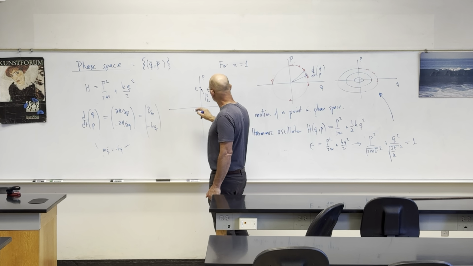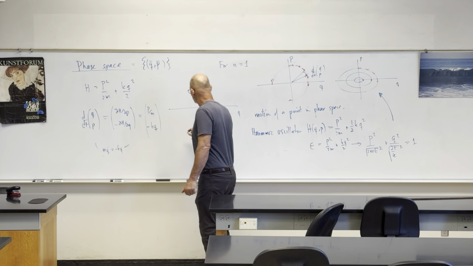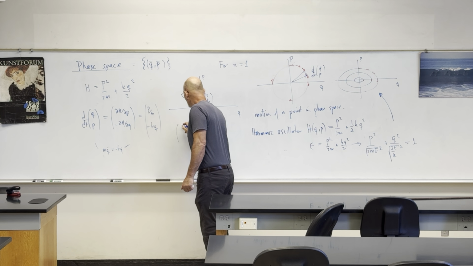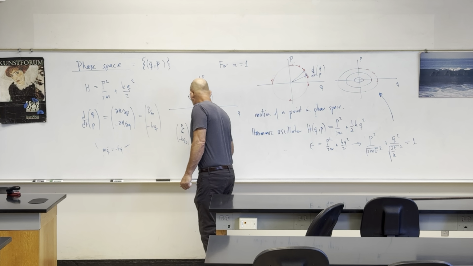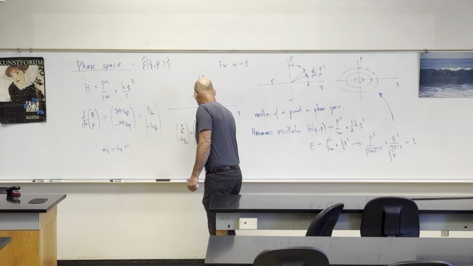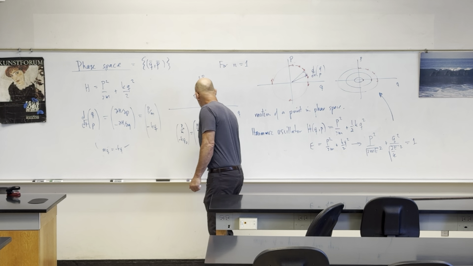So the field vector is (p naught over m, negative k q naught). That's (p naught over m, 0).